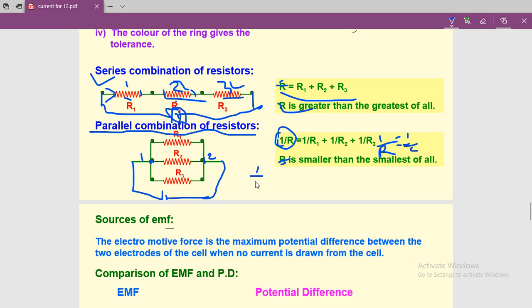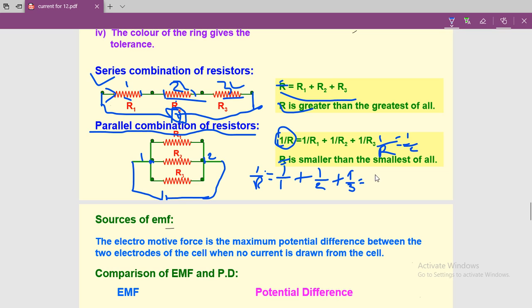That is, 1 upon R is equal to 1 by 1, means 1 by R1, plus 1 by 2, plus 1 by 3.